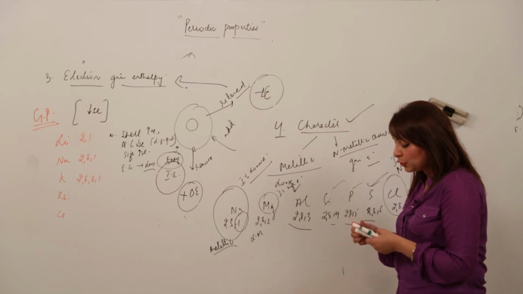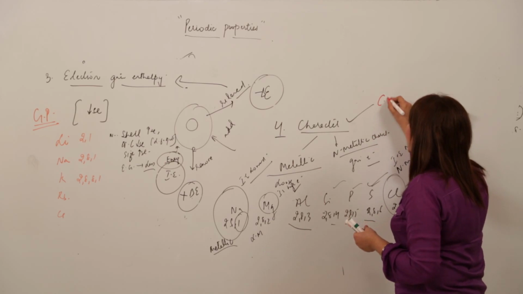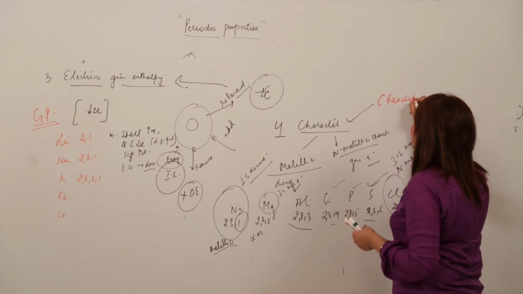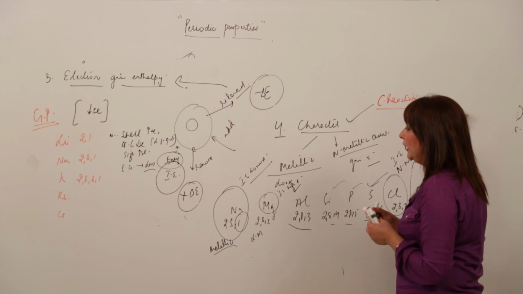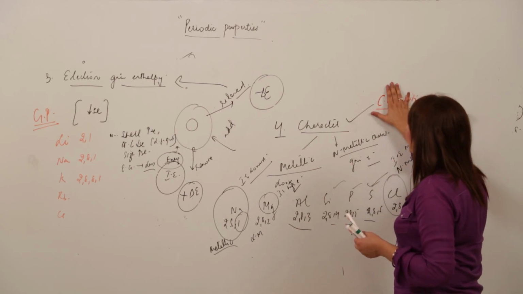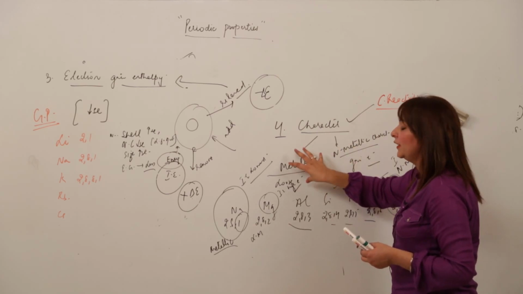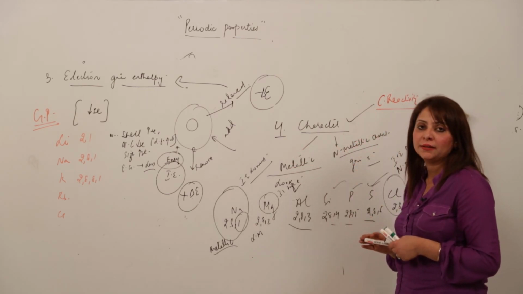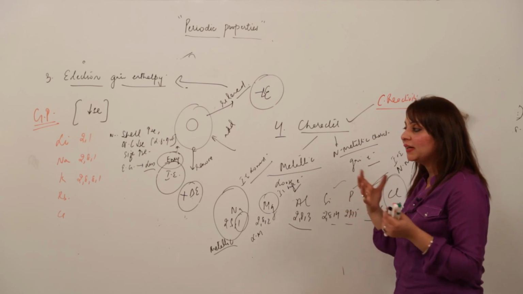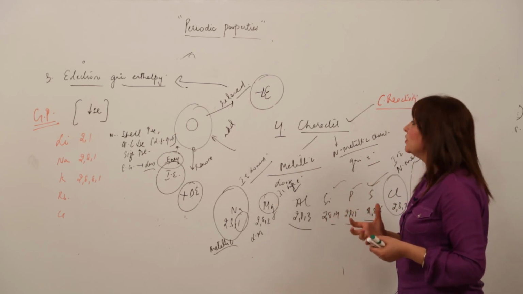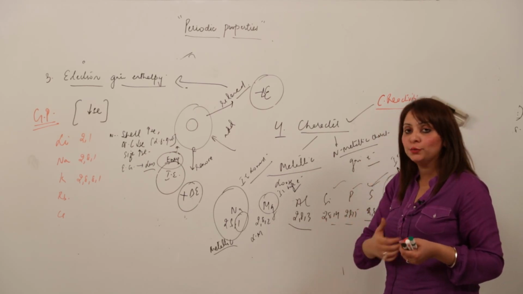Similarly, when we talk about chemical reactivity, it is the same property by which you can easily correlate. The factor responsible for this reactivity is the same as we did with the metallic and non-metallic character. The element which has the bigger size, meaning less ionization energy, can easily lose an electron, so it is more reactive.